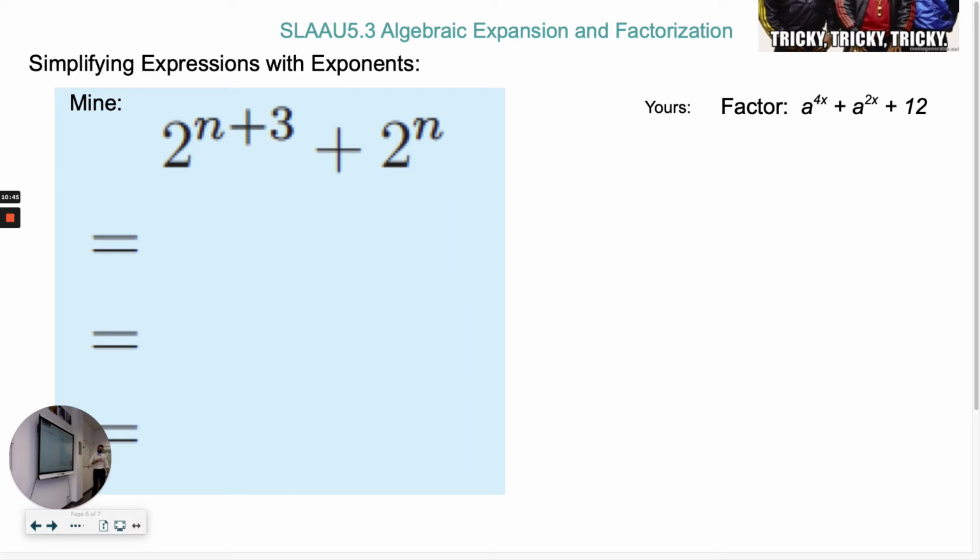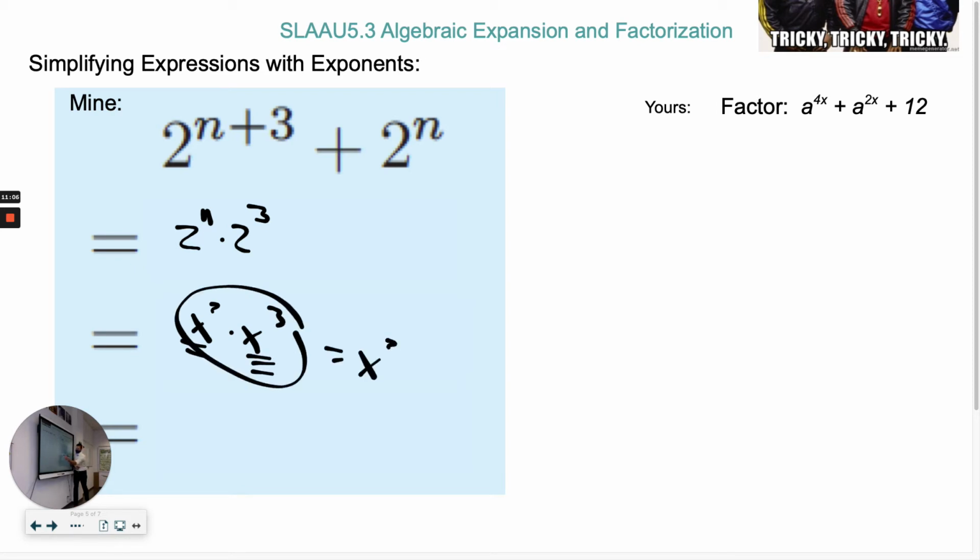That looks gross. But with your nerd goggles on, maybe you could see this part as 2 to the n times 2 cubed. Like if you had x squared times x cubed, this is x times x, and this is x times x times x, and there's 5 of them, so you'd add them. So this is x to the 2 plus 3.